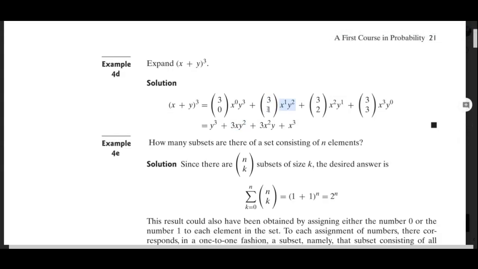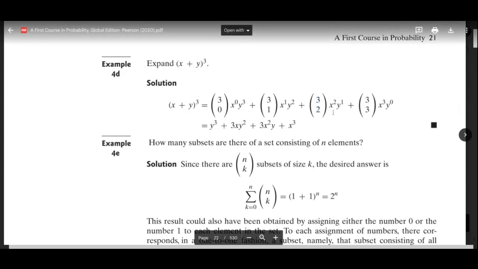Then x raised to 1, because the index k is 1 now, which is x, and y raised to 3 minus 1, which is 2, so y squared. The third term is out of 3, choose 2, which is also 3. It's the same as out of 3, choose 1.